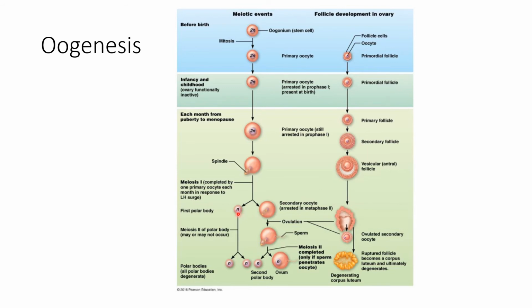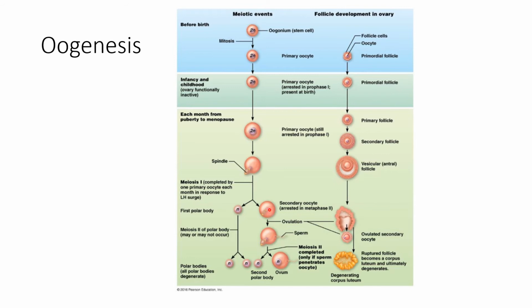By the way, those polar bodies are not going to contain cytoplasm or organelles, so they are not really going to play any major role in the process of fertilization further on. So these are going to be the important ones, the secondary oocytes.